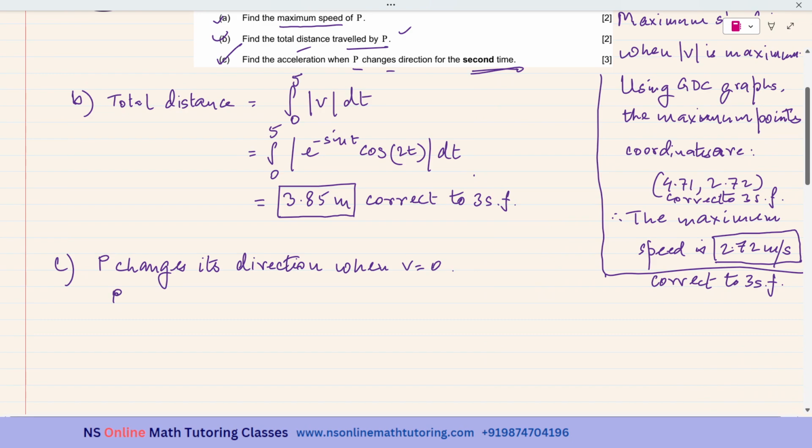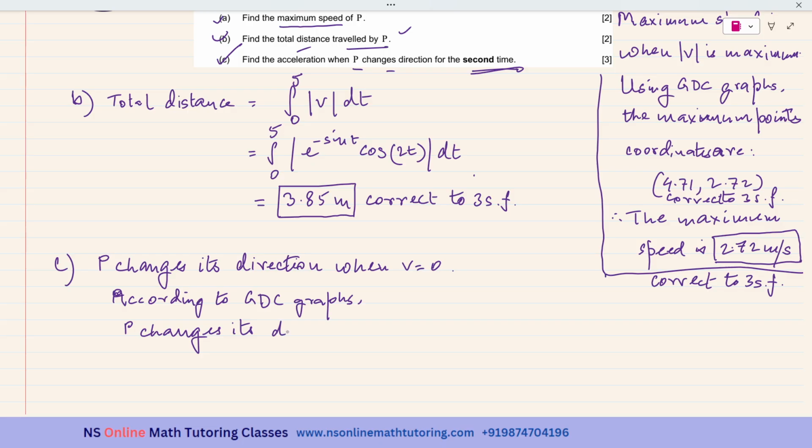According to GDC graphs, using GDC graphs also you can write, P changes its direction for the second time at 2.356 seconds.